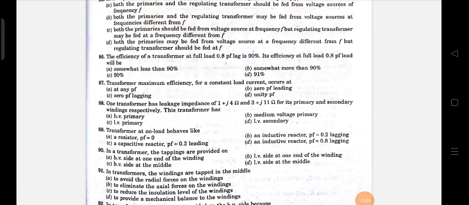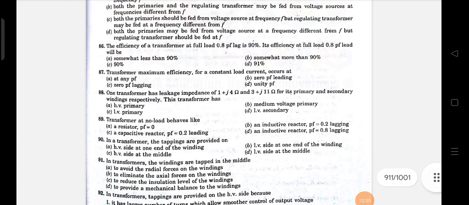But practically, if we talk about that value, that is 90 percentage. If the first option is not there, 90% is correct. That means it doesn't depend upon either lagging or leading. But if somewhat slightly lesser than 90% is given, we need to give priority to that one. Why? Because based upon that leading, there is a very slight change.